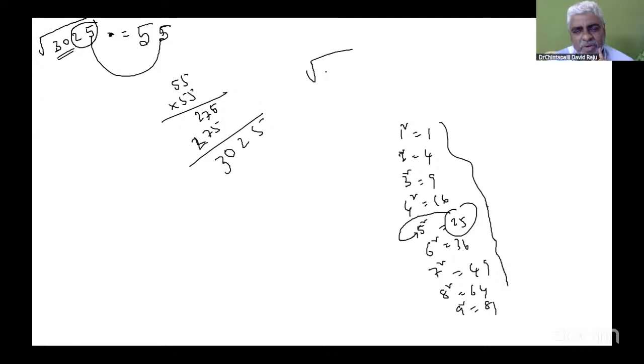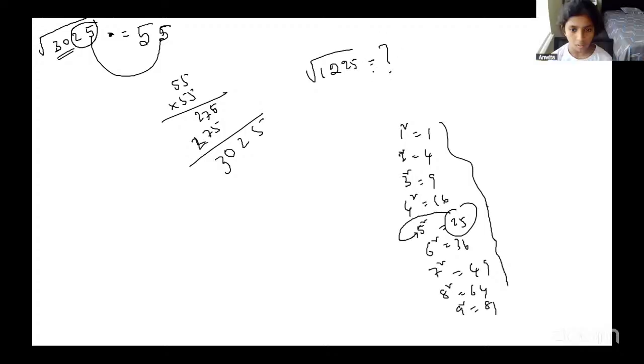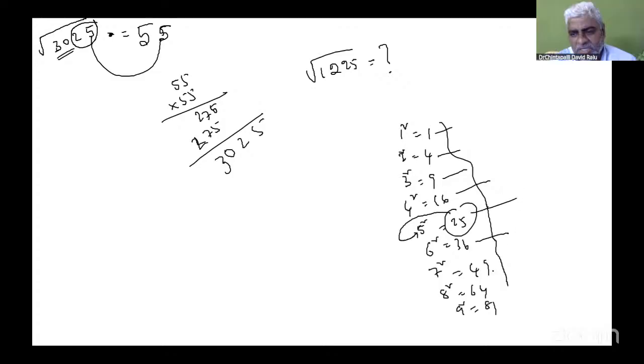Now try another number. What is the value of the square root of 1225? Okay, sir. Not greater than 12. Nearest number, not greater than 12. In this list, 1, 4, 9, 16, 25, 36, 49, 64, 81.